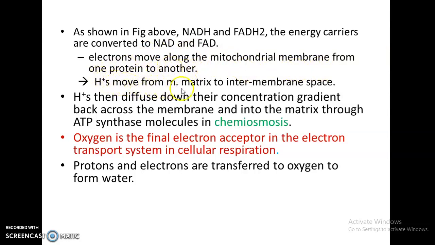Hydrogen ions move from the mitochondrial matrix to the intermembrane space, and hydrogen ions then diffuse down their concentration gradient back from the intermembrane space to the matrix, across the membrane and into the matrix through ATP synthase molecules in chemiosmosis. This is where the ATP making takes place. Oxygen is the final electron acceptor in the electron transport system in cellular respiration. Protons and electrons are transferred to oxygen to form water.